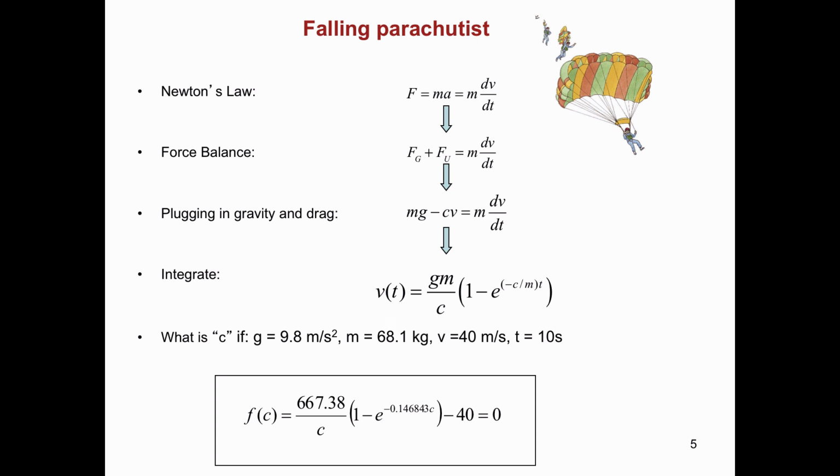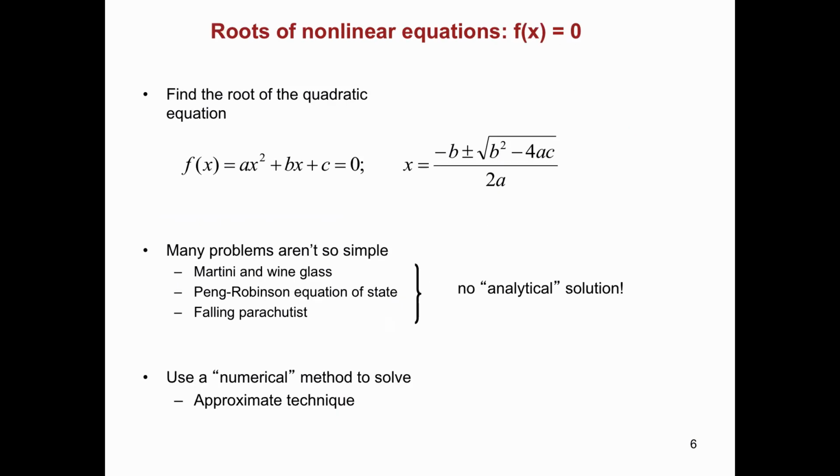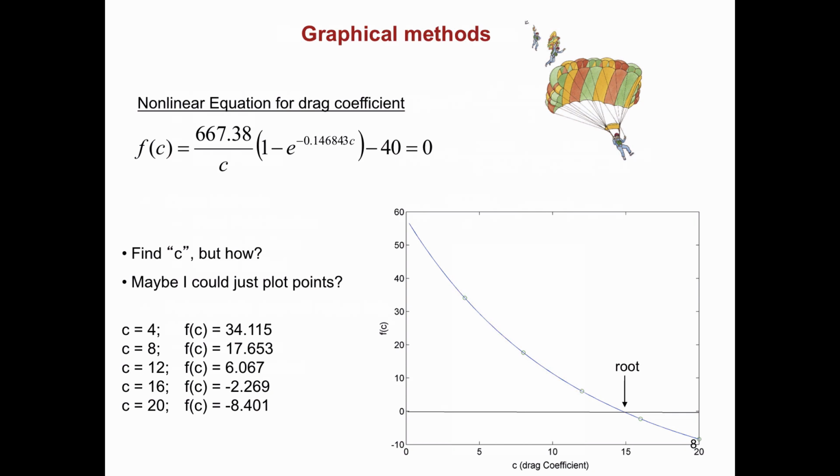So let's see if I plot this. Okay. I will actually get something like this. And now I guessed here 0 to 20. If I knew a little bit of something about drag coefficients, they're positive. Okay. This is the way they're set up. They're positive.